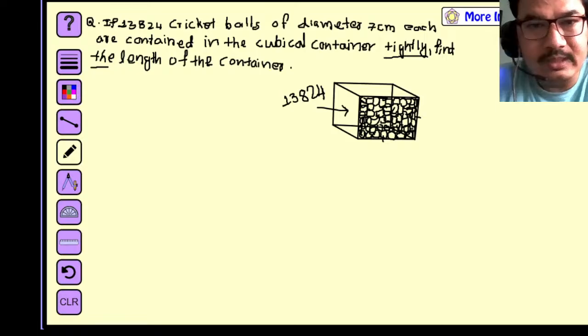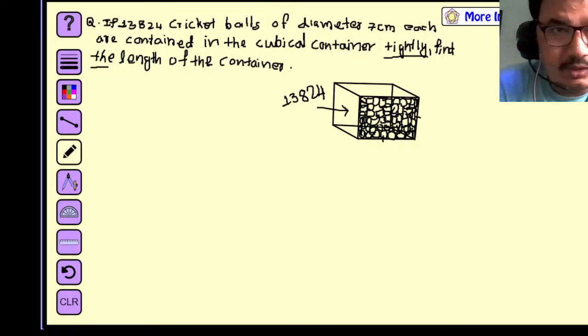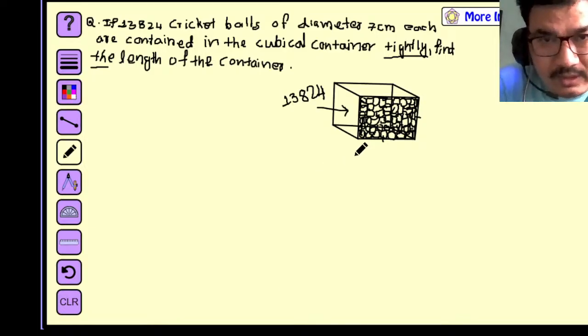Now, the question is asking us: if 13,824 cricket balls are kept so tightly inside this cubical container, the diameter of one ball is given there. Suppose one ball is like this, okay? The cricket ball is the shape of a sphere.